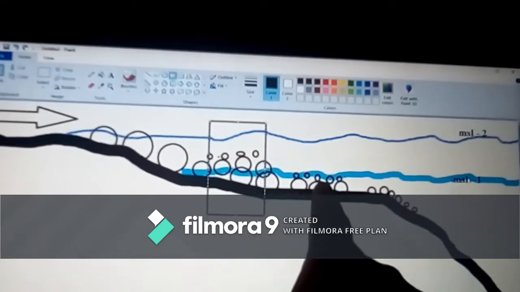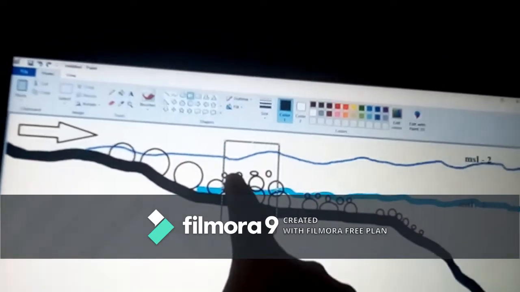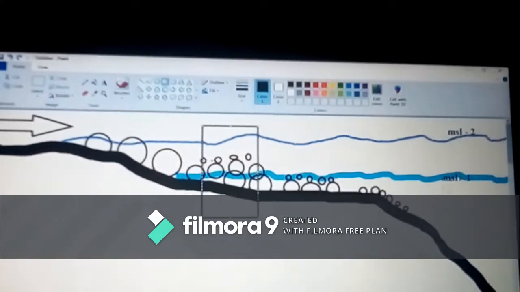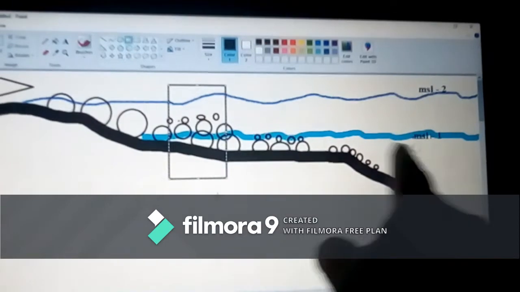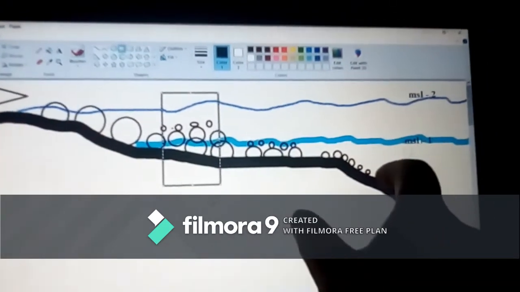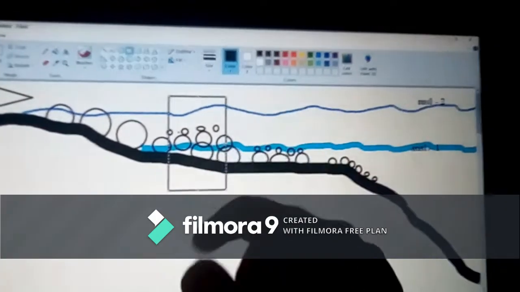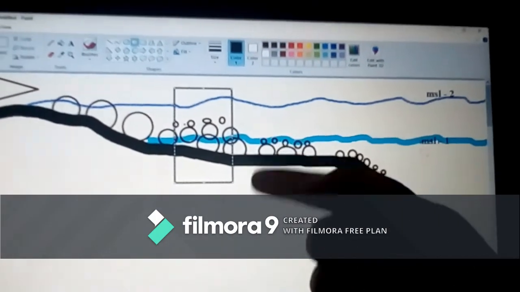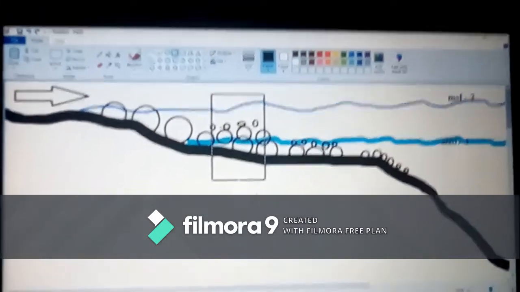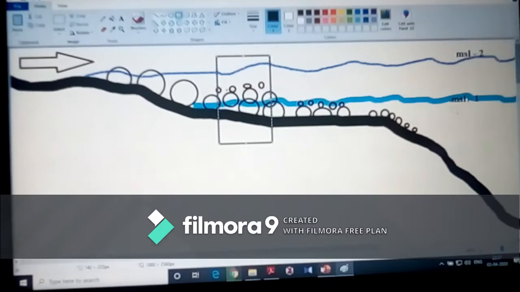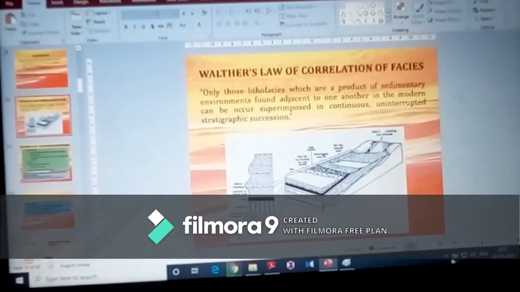That means the sand comes over the gravels, and the clay comes over the sand. So that is the fundamental concept of Walther's law: what we get spatially, laterally, in a single time frame, we also get in a vertical sequence. That means they also reoccur in a temporal sequence.